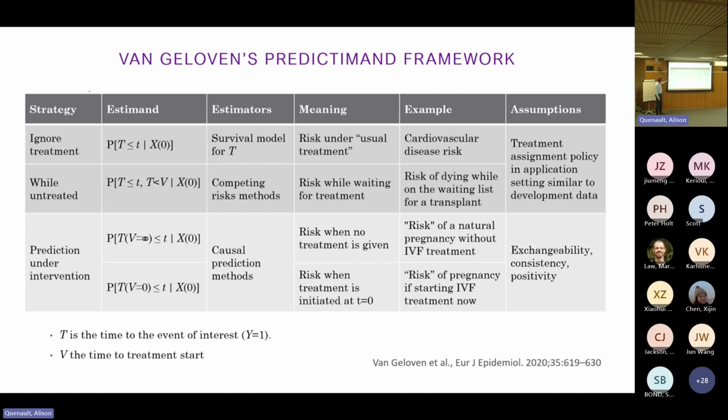And then obviously the difference between these two things is what we're really interested in, because it would quantify the benefit of initiating treatment now versus treating never. Obviously, if we want to estimate these things, we have to assume exchangeability, consistency, and positivity.